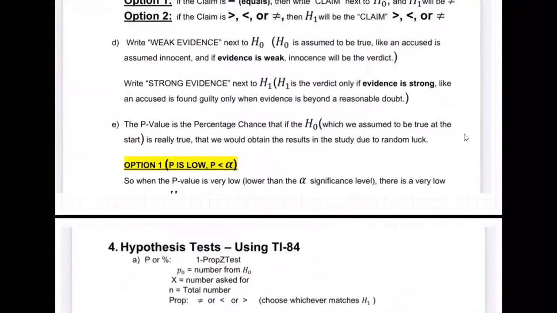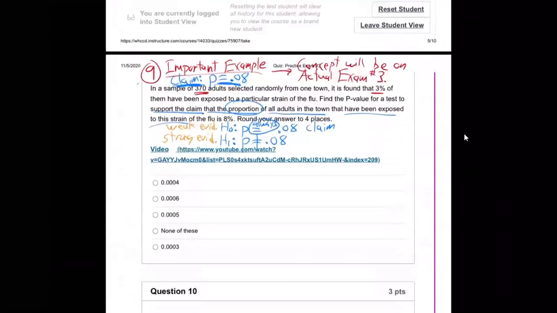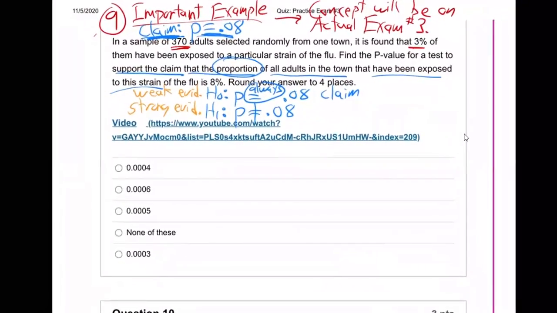All right, let's go to it. So I'm going to hit stat on my calculator and go over to tests and go down to 1 prop Z test, which is number 5.